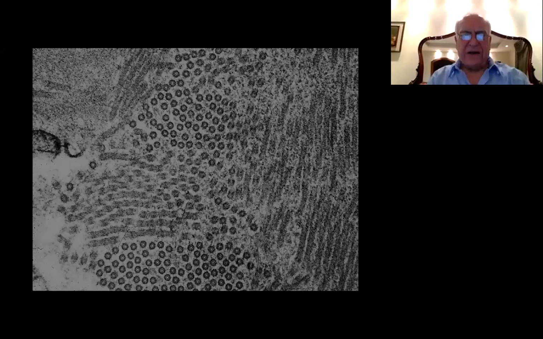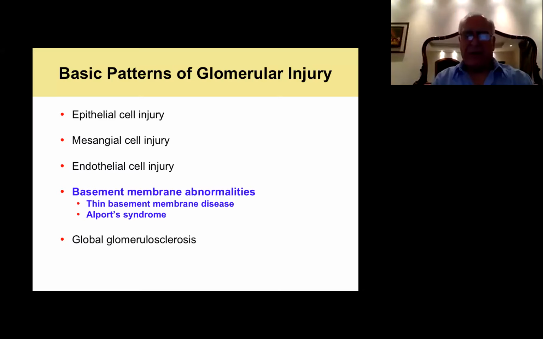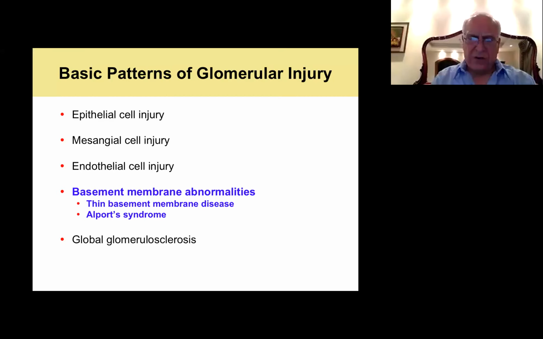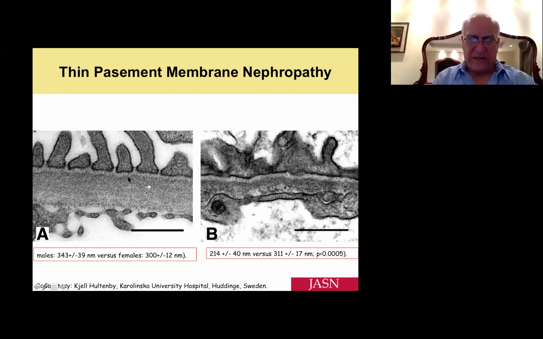The last of the patterns is usually the basement membrane abnormalities, where we are talking about thin basement membrane and Alport disease. As you'll see, this is the normal thickness of the basement membrane, around 343 nanometers. Usually the foot processes and basement membrane will be close to this.